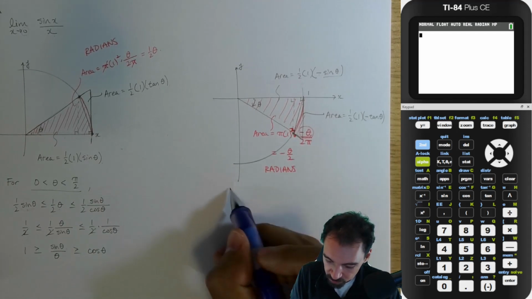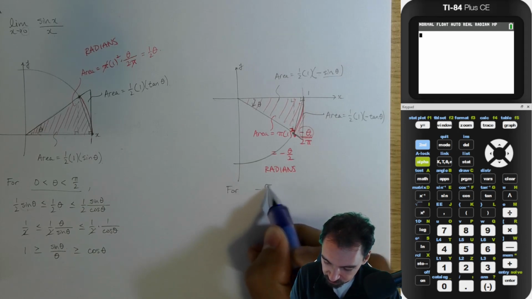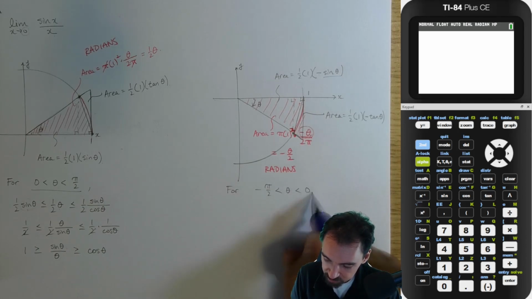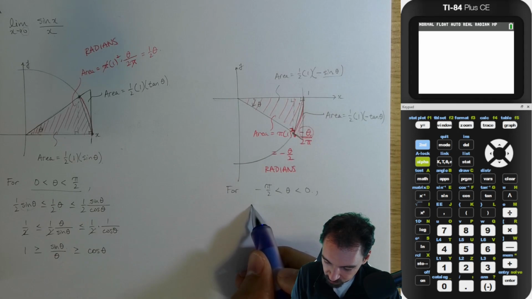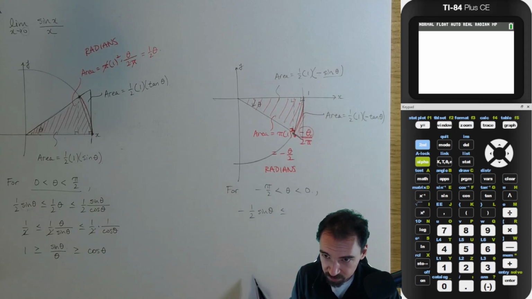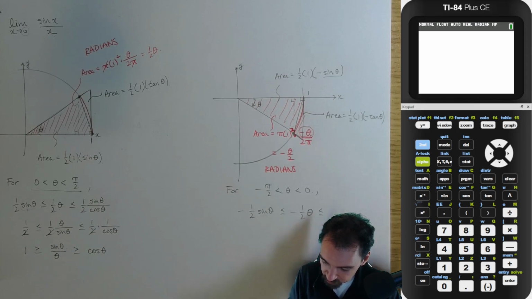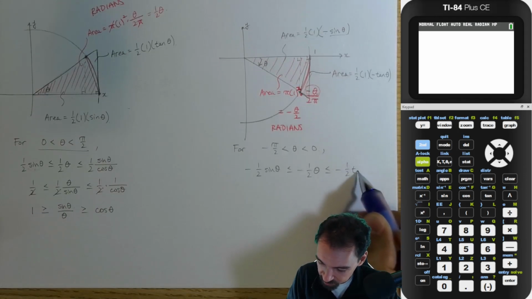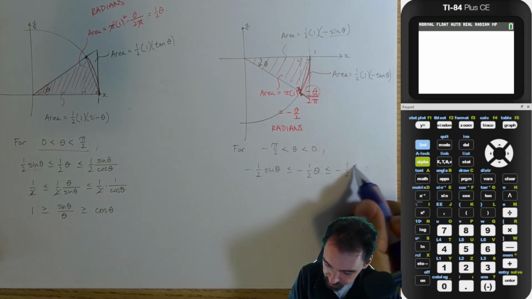Okay, so now for theta that is between 0 and negative pi over 2, so if theta is a negative value, we know that small area, so this is 1/2 times negative sine of theta, is less than or equal to negative theta over 2, negative 1/2 theta, which is less than or equal to negative 1/2, sorry, my face is in the way, tangent of theta, which once again I can write as sine of theta over cosine of theta.